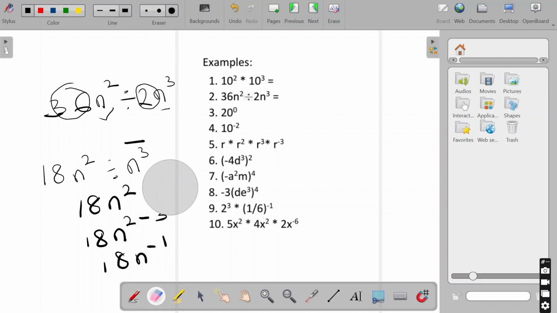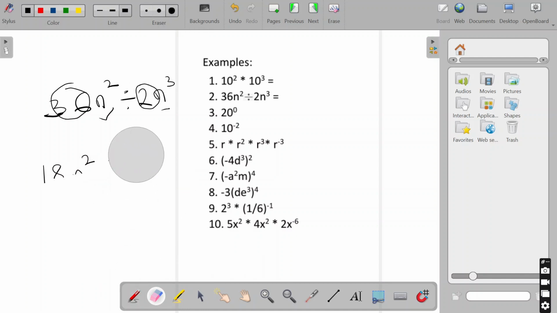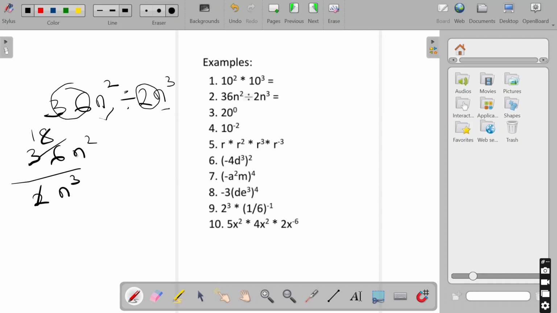If you were to rewrite this, you would have written 36n squared divided by 2n raised to power 3. So 2 goes into 36, 18, and this means 18n squared over n raised to power 3.